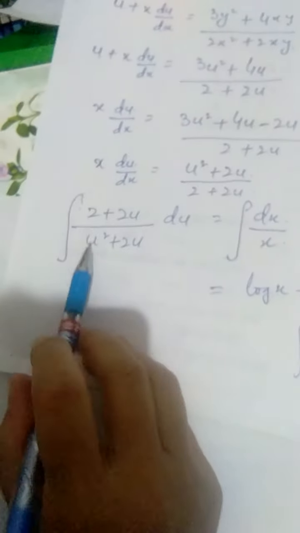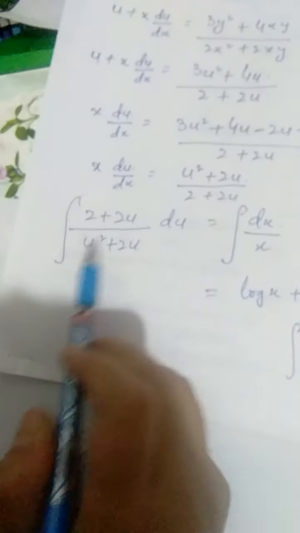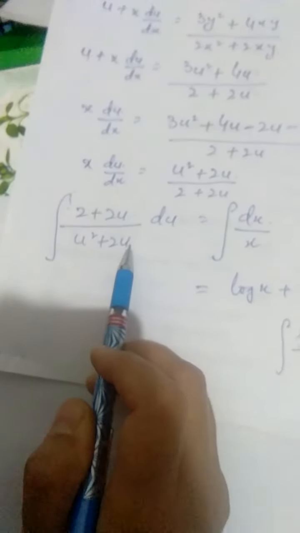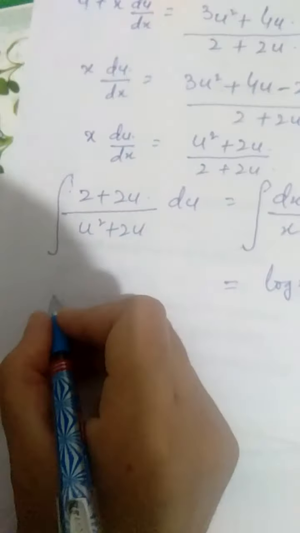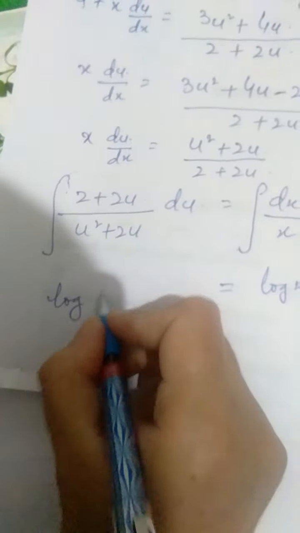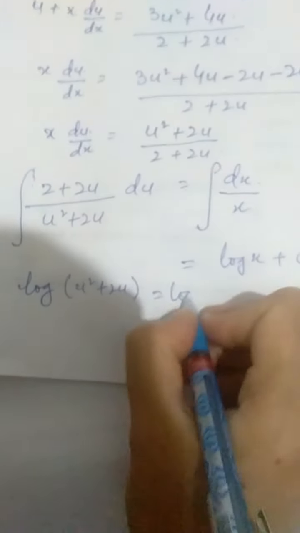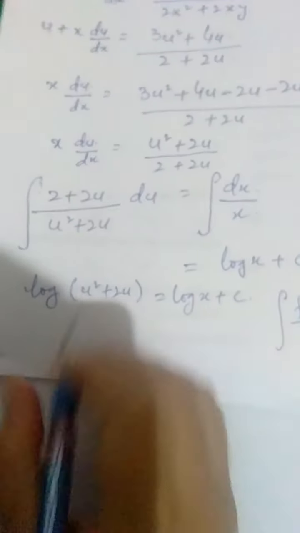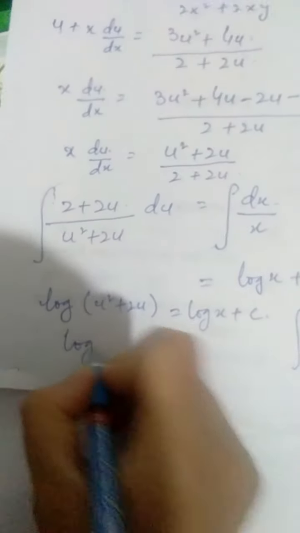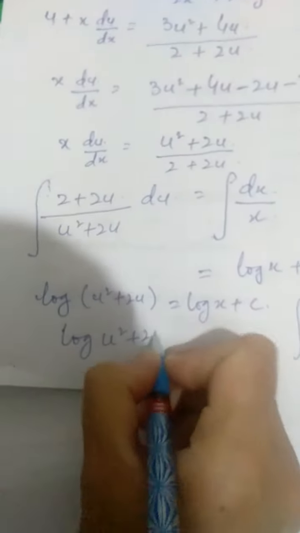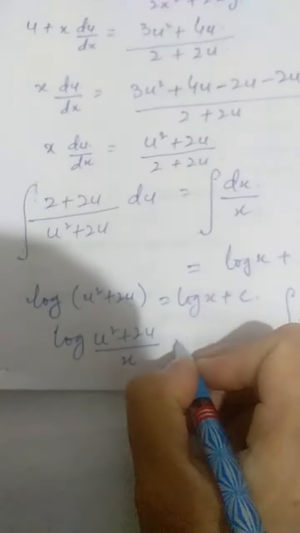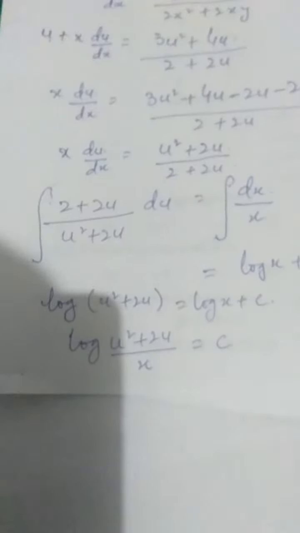Whenever you find an integral which involves the derivative of a function and the function in the denominator, the integral of such a function is given by log of the function itself. So this is log of u square plus 2u is equal to log of x plus c. So you can write it as log of u square plus 2u by x is equal to c.